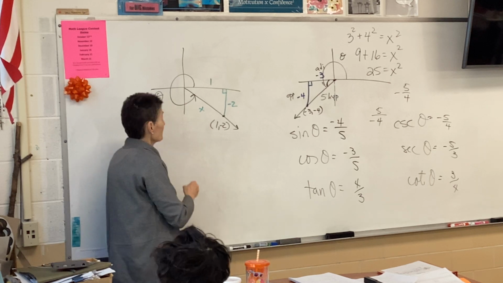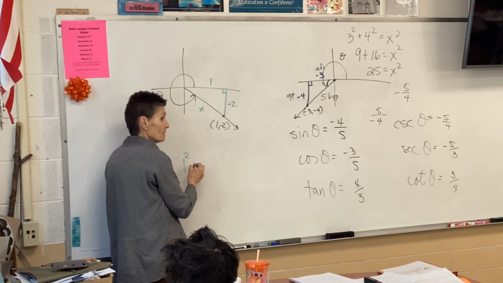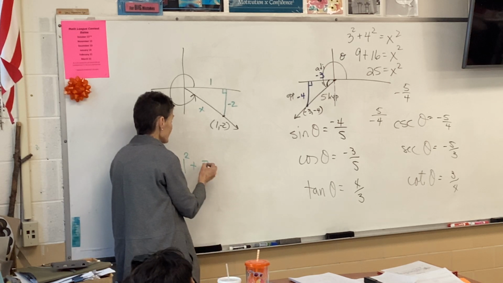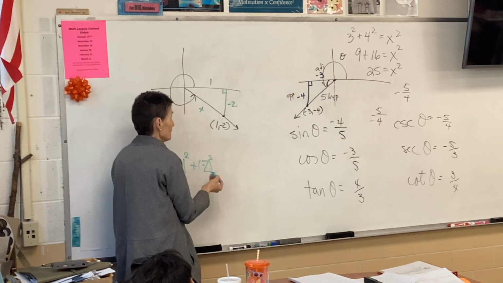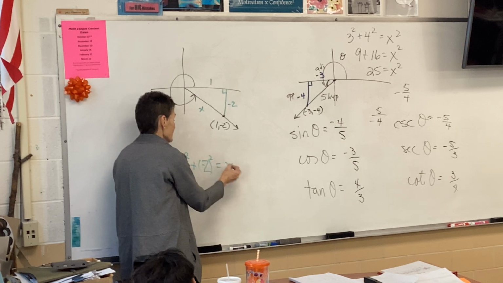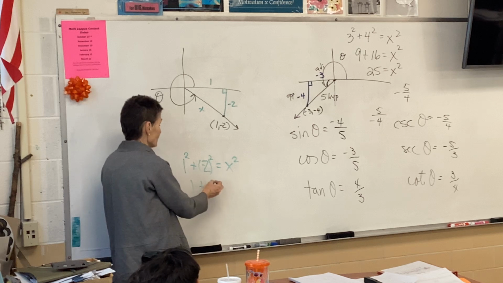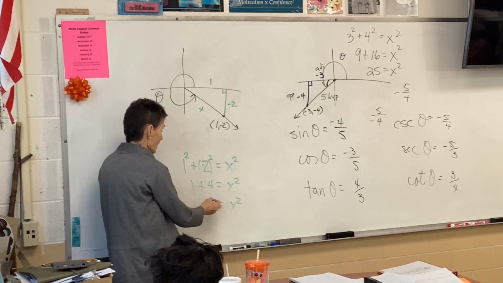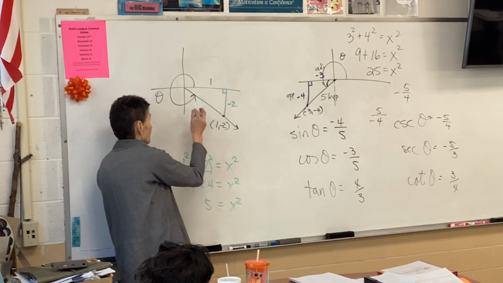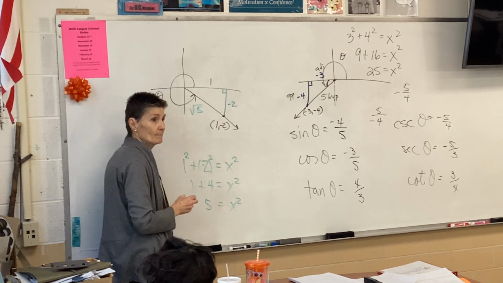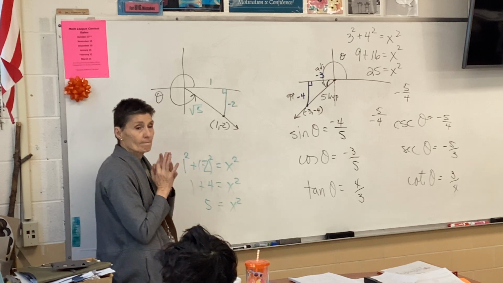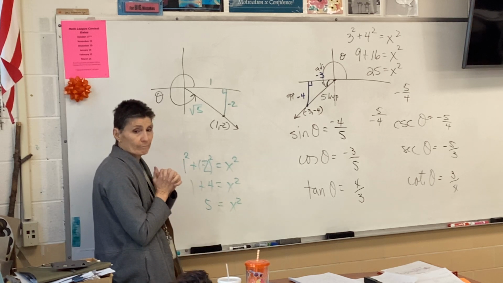And now I'm going to find that again. Right? So I'm going to have 1 squared plus, technically it's -2 squared, but it's the same as 2 squared, equals x squared. So 1 plus 4. It looks like this time I'm going to get square root of 5. Right?